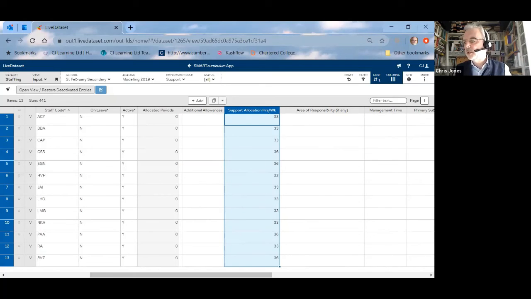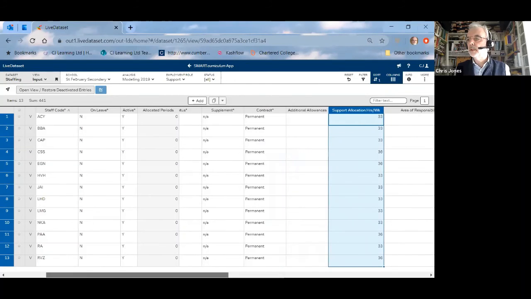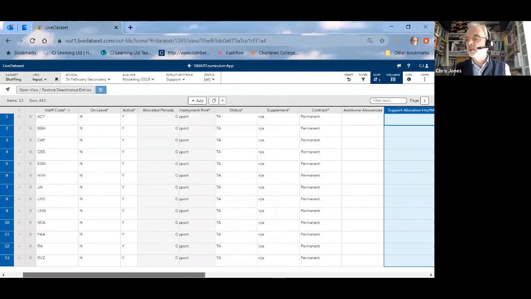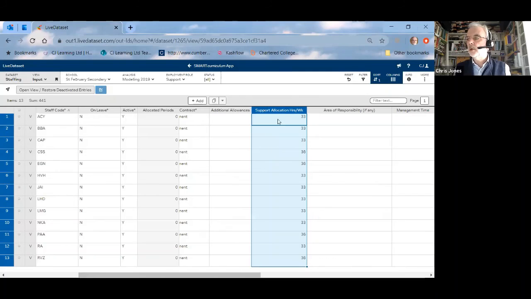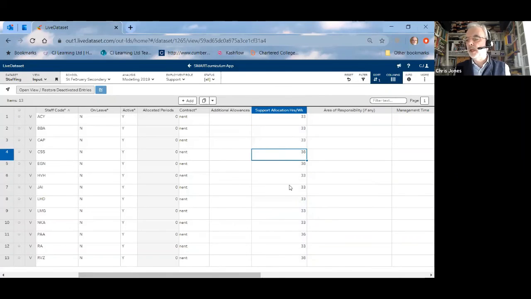But can you see, you need to have added the hours per week in this section to be able to get that sum of hours. So some people haven't got that blue box showing because they haven't put in the support allocation. Really important that that is coming through, because otherwise you won't see that element. Okay, so putting in their support hours.